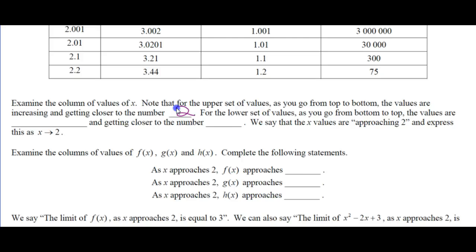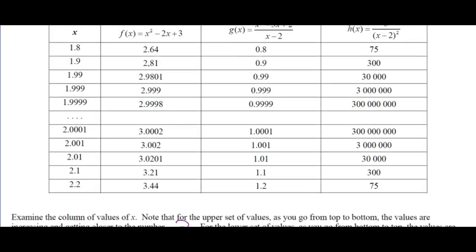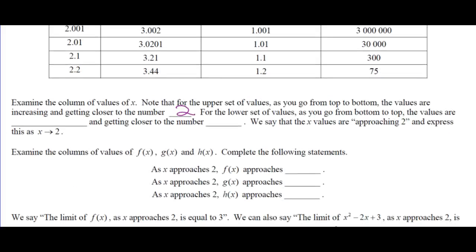For the lower set of values, as you go from the bottom to the top, so 2.2, 2.1, etc., the values are decreasing and getting closer to the number 2. We say that the x values are approaching 2 and express this as x approaches 2. It's x and then the arrow, but that's red. It's x approaches 2.